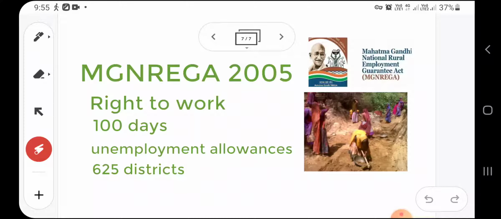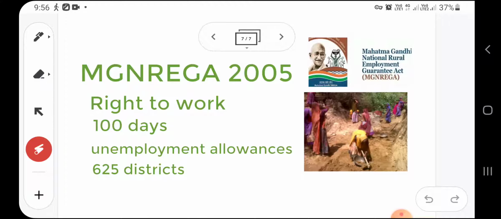If the government fails to provide 100 days of work, then it has to pay an unemployment allowance to the people. It was introduced in 625 districts. These points you should remember under MGNREGA. It is called the right to work.